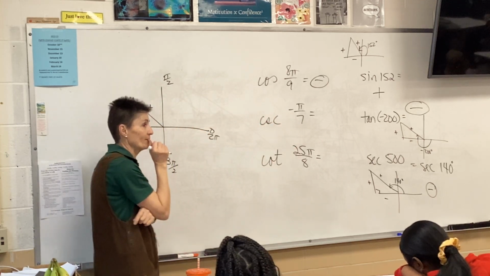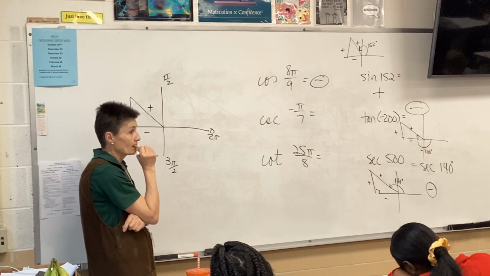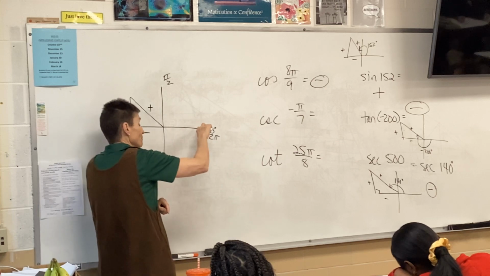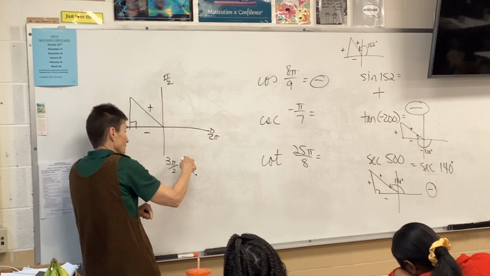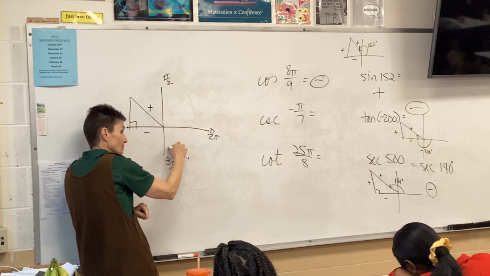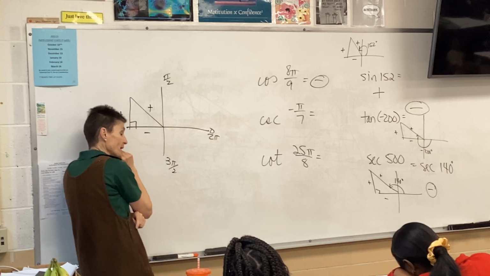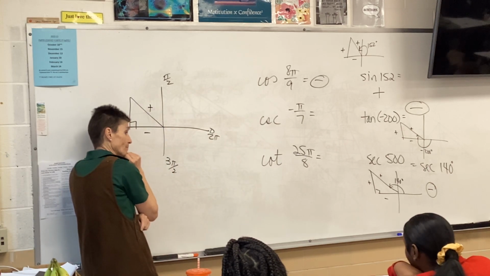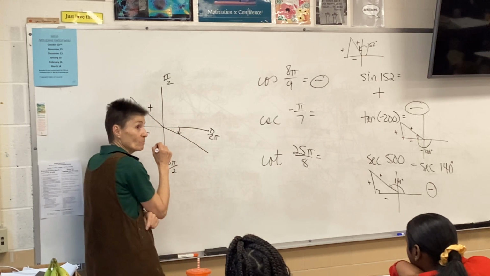Negative pi over 7. First of all, negative means this way. Each quadrant is half a pi. Is pi over 7 more than a half or less than a half? Less. So wouldn't pi over 7 be right here, negative pi over 7?